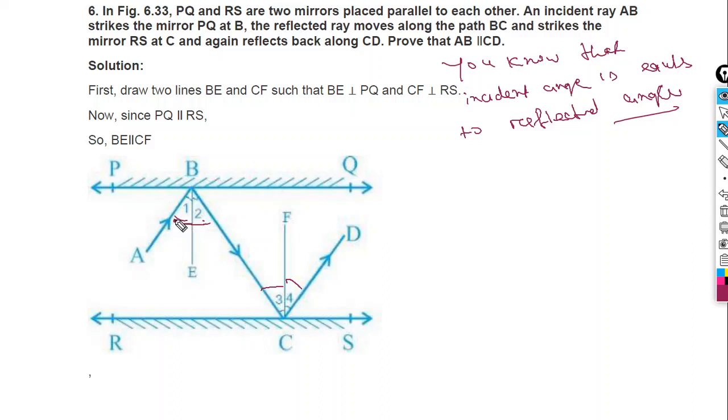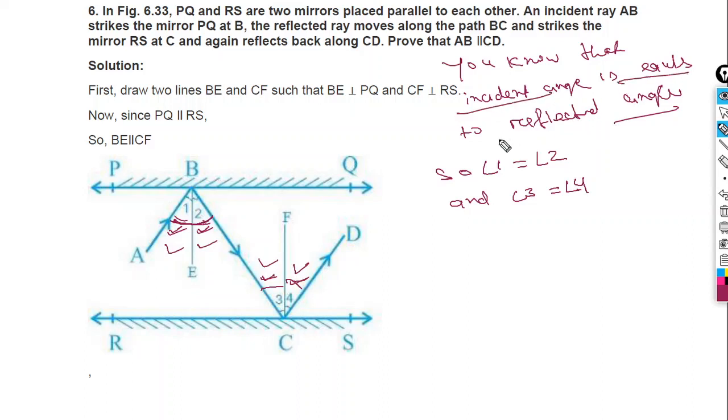In this case, this is your incident angle, this is your reflected angle. So the incident angle must be equal to the reflected angle. So angle 1 is equal to angle 2, and angle 3 is equal to angle 4, because the incident angle is equal to the reflected angle.